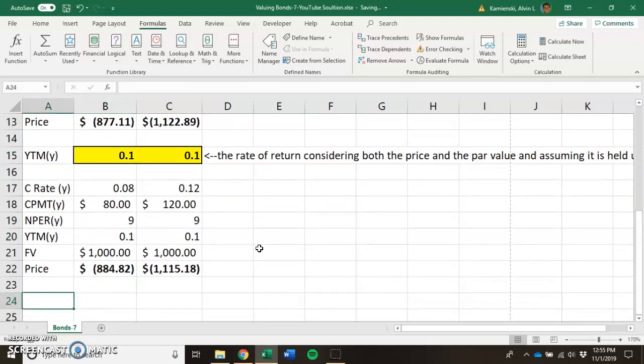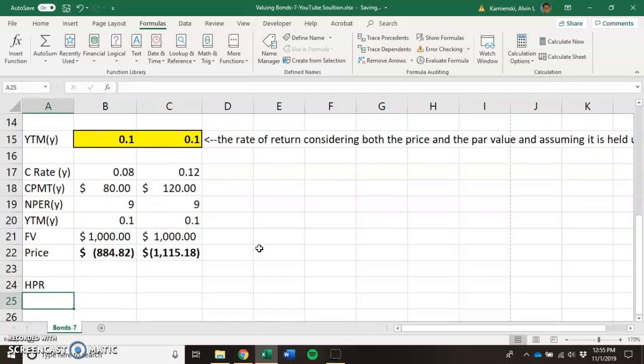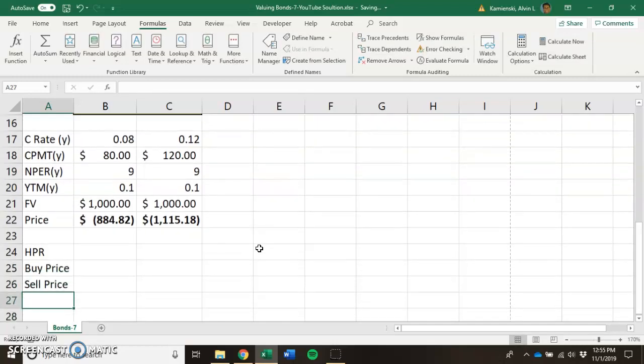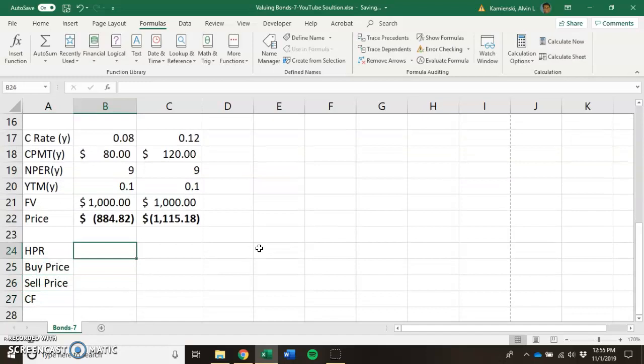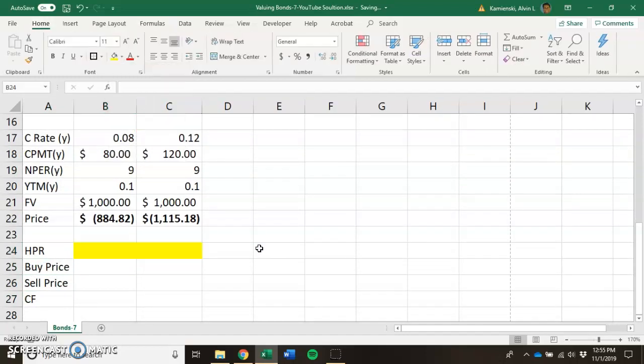So what if we were to calculate then the holding period returns that would have applied over that course of time? We have some negatives in the top that we're going to deal with, so I'll go ahead and wire in buy price here, sell price here, and cash flows here. And we're going to try and solve for the holding period return.